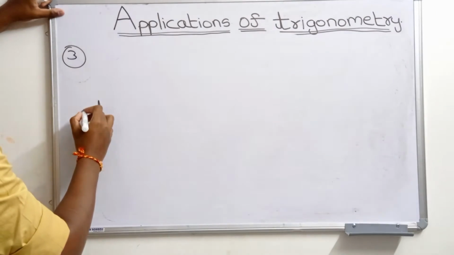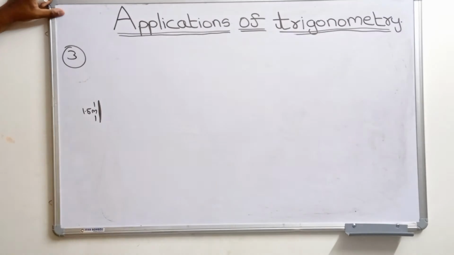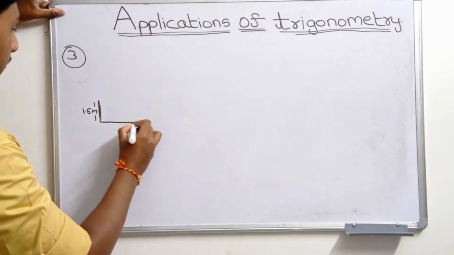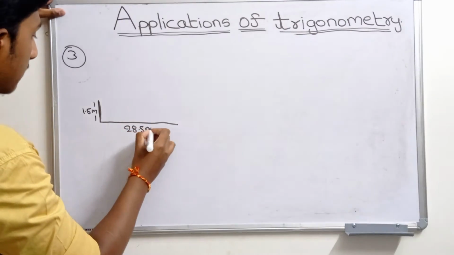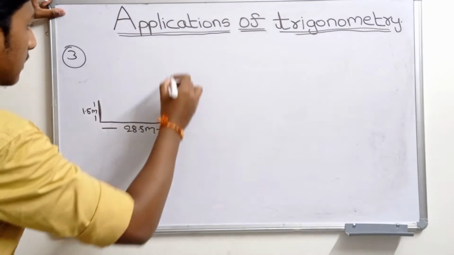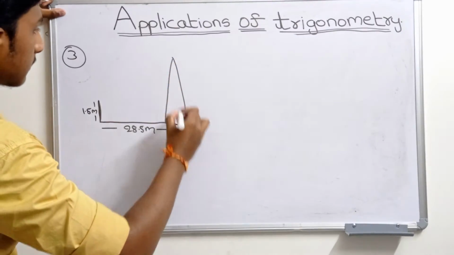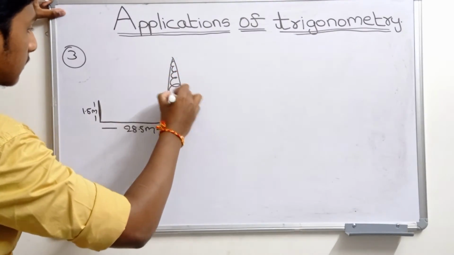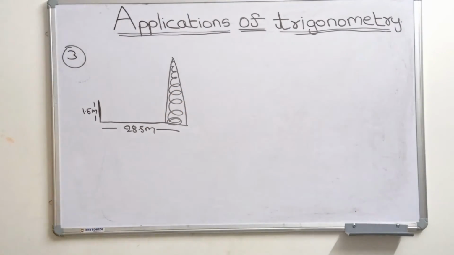Guys, this is the observer of 1.5 meters height. He is at a distance of 28.5 meters from the chimney. Consider this as the chimney, and this is the height of the observer.